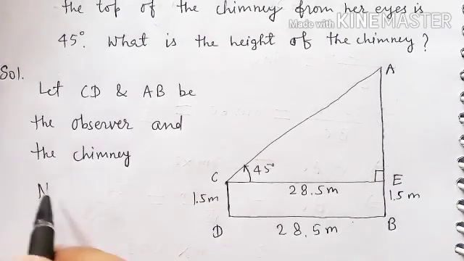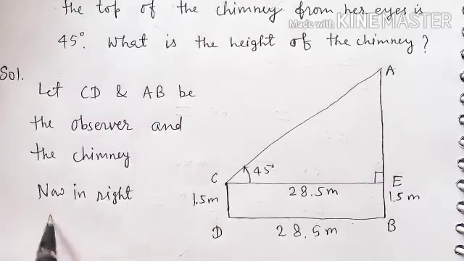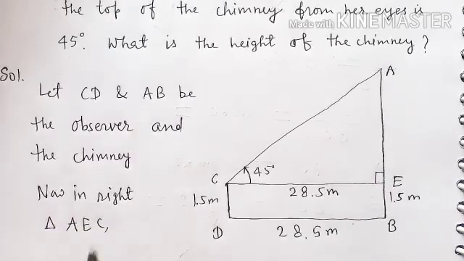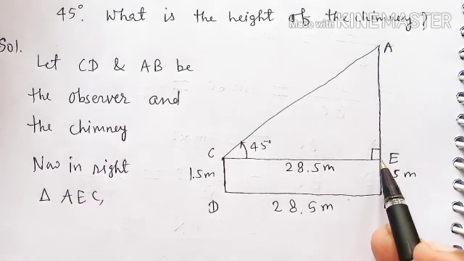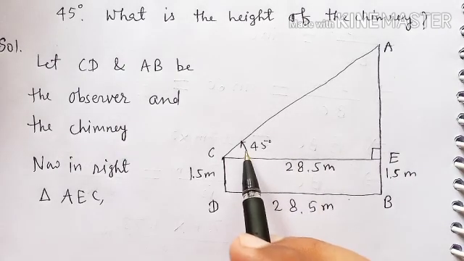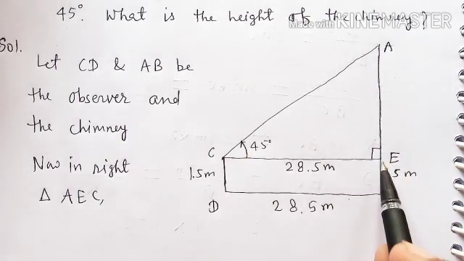Now in a right triangle AEC, you can see we have to find AE, so we may apply tan 45 degree because we have given base and perpendicular.